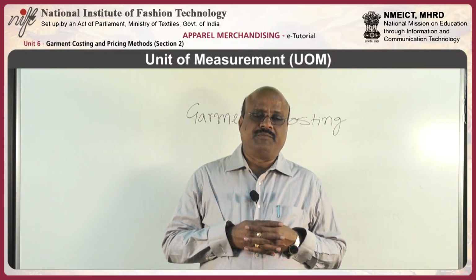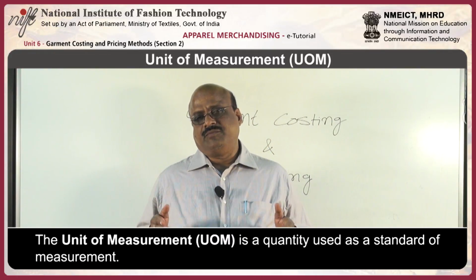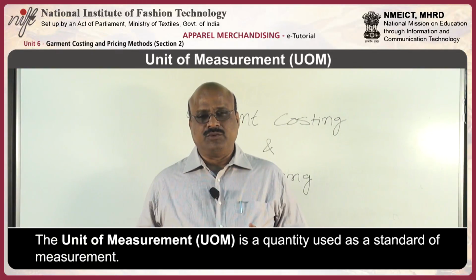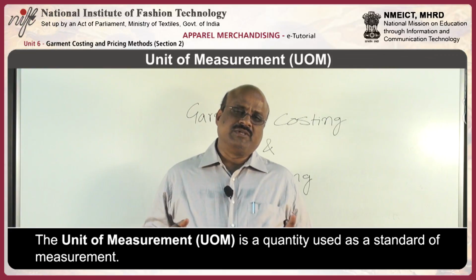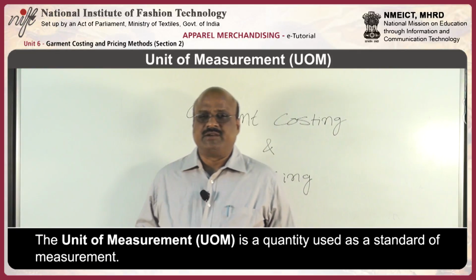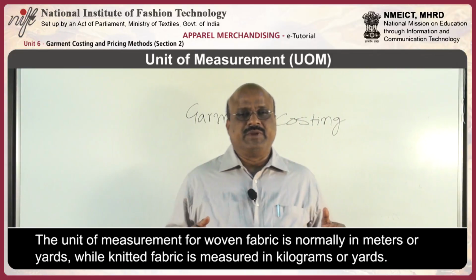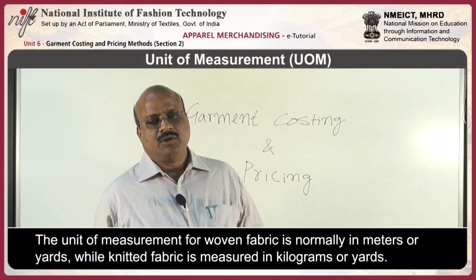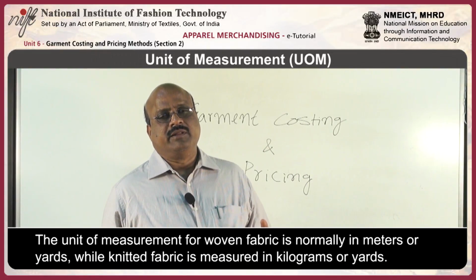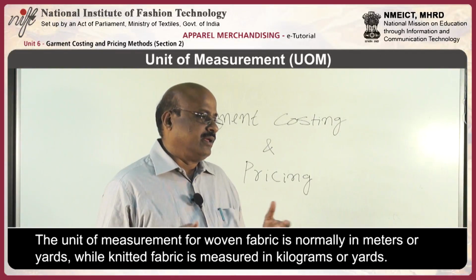So unit of measurement. Unit of measurement is a quantity used as a standard of measurement. The unit of measurement for a woven fabric is normally in meters or yards, while knitted fabrics are measured in kilograms, or sometimes in yards also.